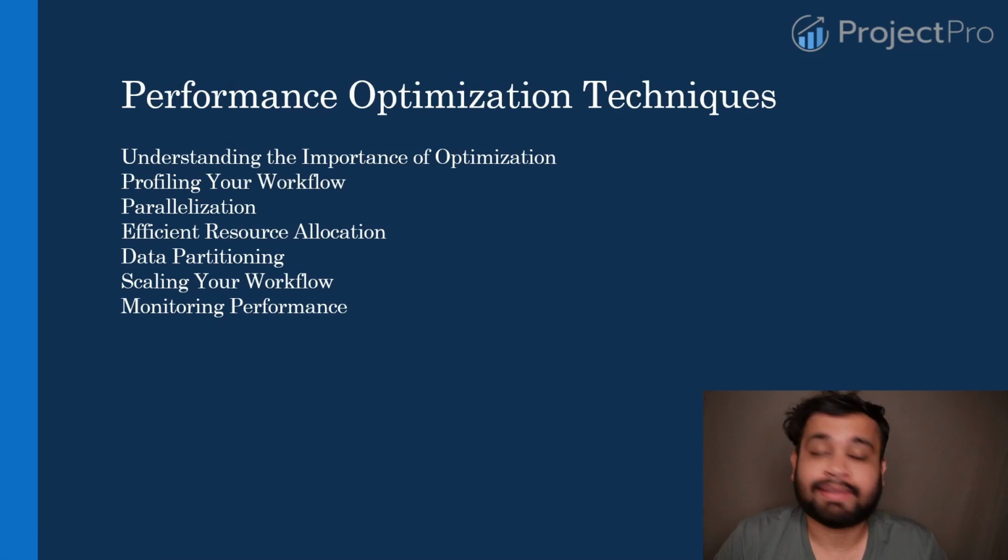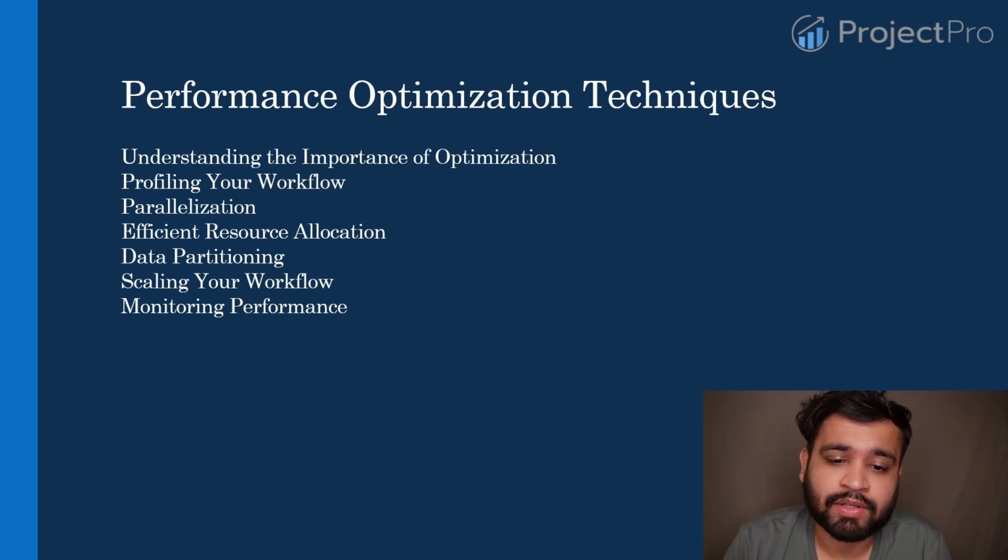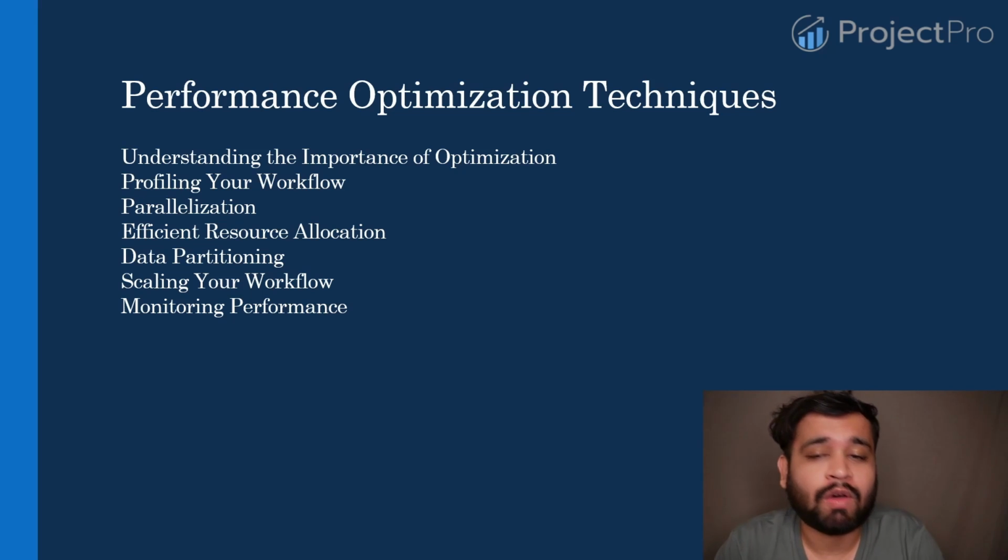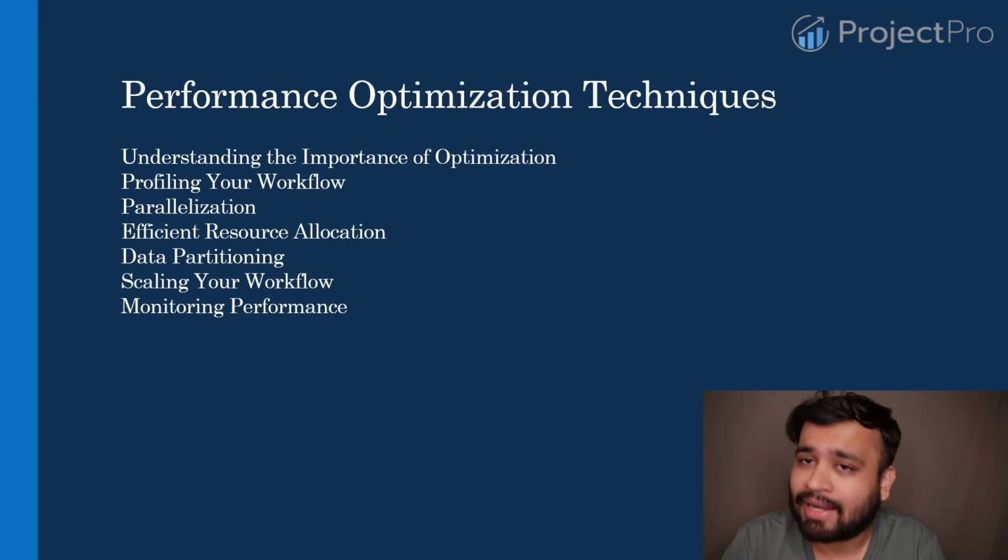Okay, so the next section, which is pretty important, is performance optimization techniques. In this section, we are going to explore some of the essential techniques that you need to implement for optimizing the performance of your data pipelines. Efficient data pipelines are very critical for maintaining productivity as well as meeting deadlines.